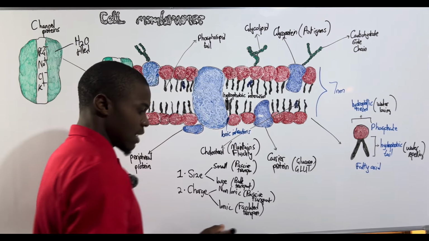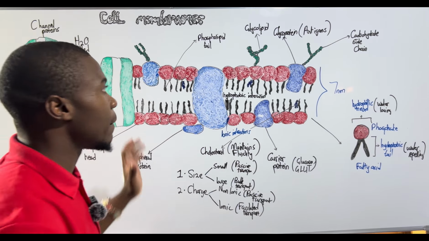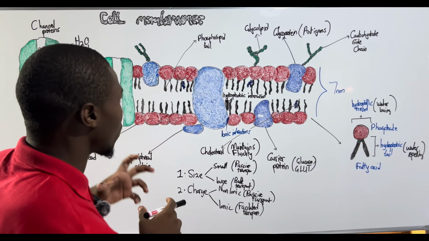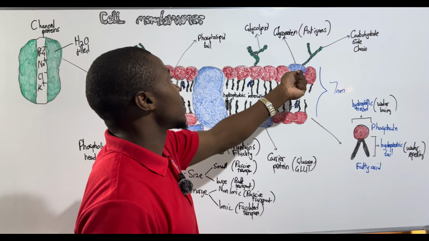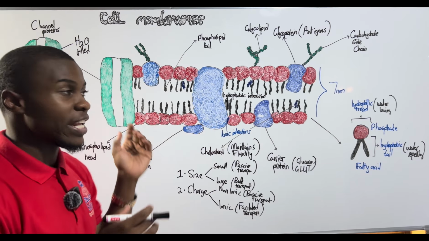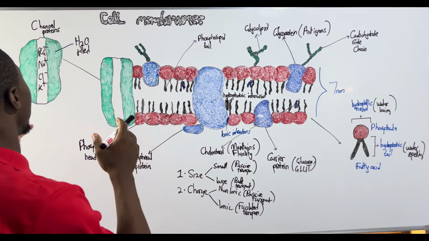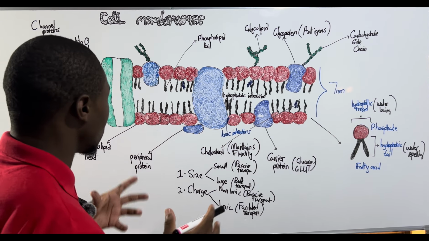When antibodies or white blood cells are passing through trying to recognize foreign cells, they will test the antigen to see if it originates from the body system.